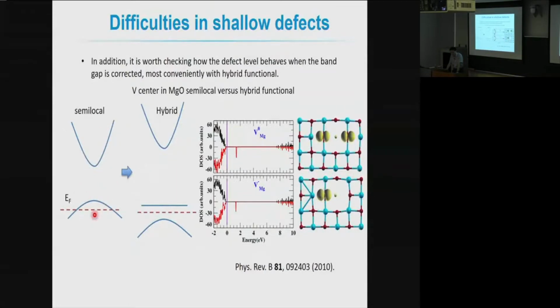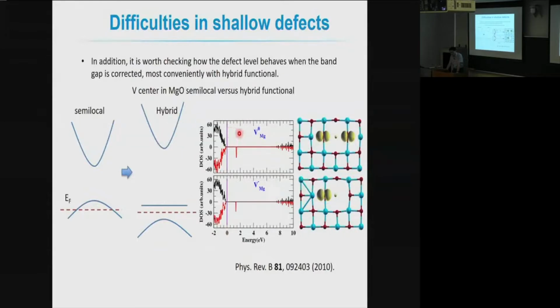But there is literature showing that by making use of the hybrid functional, this V center actually gives you a localized state. This is because when the valence band is pushed down, the resonant state now becomes higher than the valence band, and it appears in the middle of the gap again.